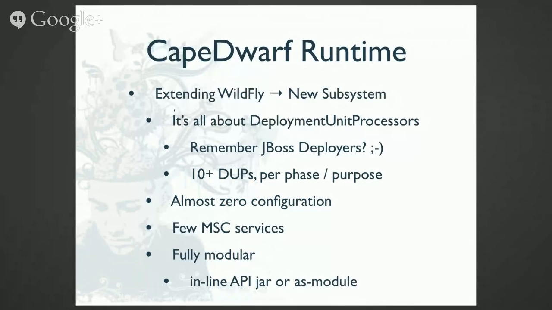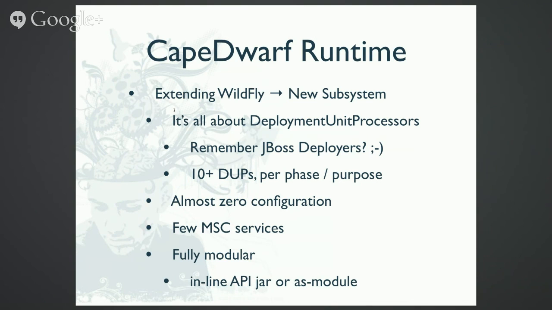If you're an old JBoss user, JBoss deployers were one of the first notions of JBoss Application Server version 3, and they made it quite popular because you were easily able to add your own deployers and extend your JBoss Application Server, right? It wasn't a monolith, it was an extendable application server, and the deployers were the mechanism for how you would do it. And that's basically what deployment unit processors are. They are old school deployers.